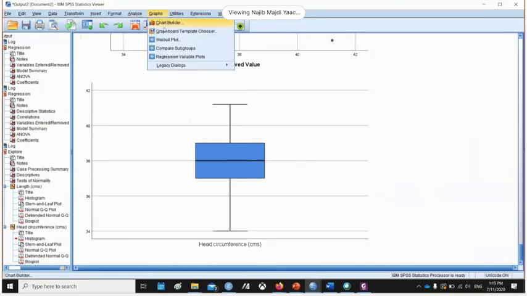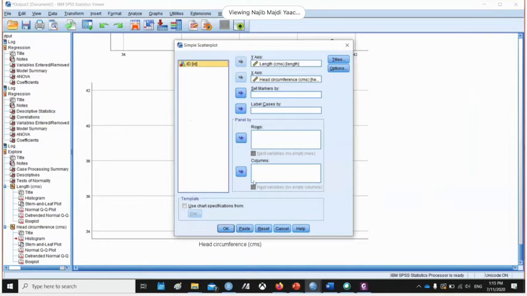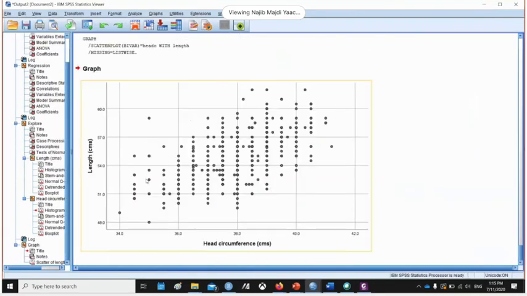So next we can go with building the scatter plot. Just plug in a simple scatter plot. Now we are going to predict length based on head circumference. So the y-axis must be length, the x-axis must be head circumference, and click OK.